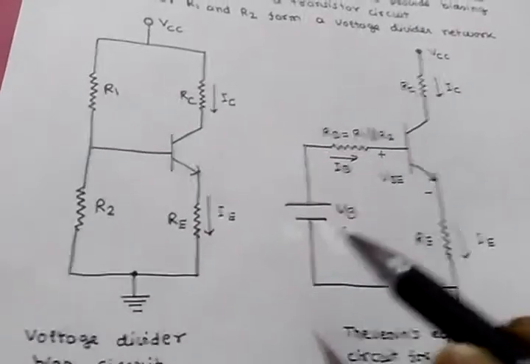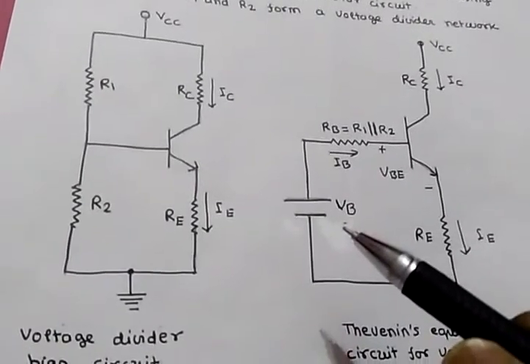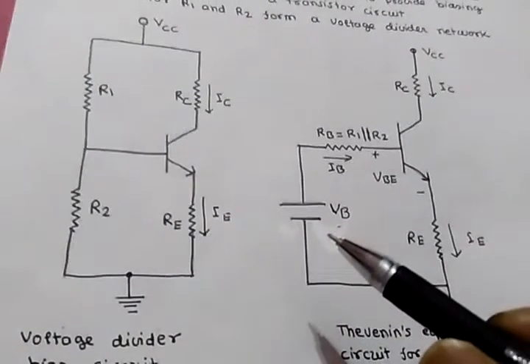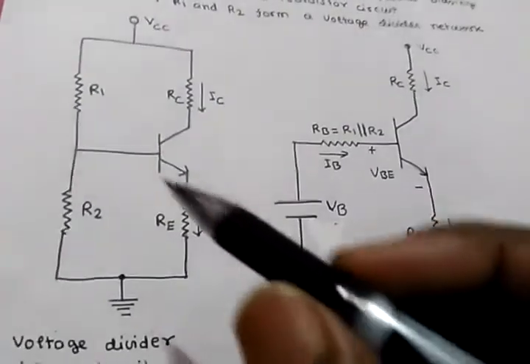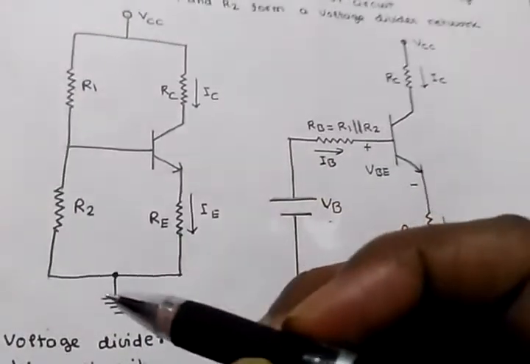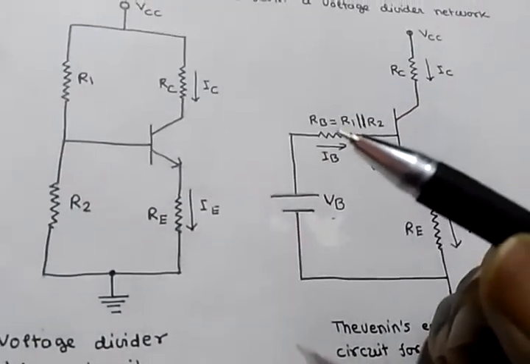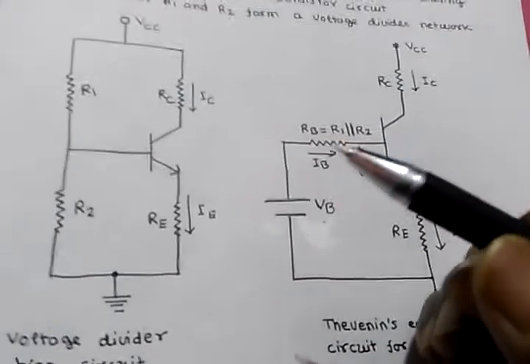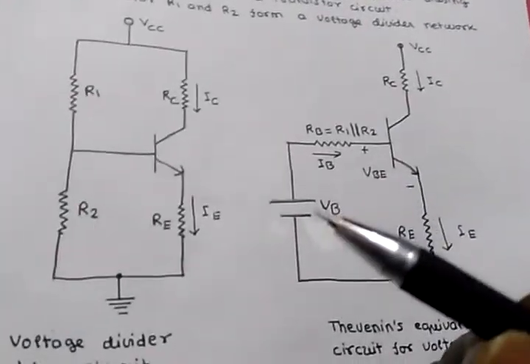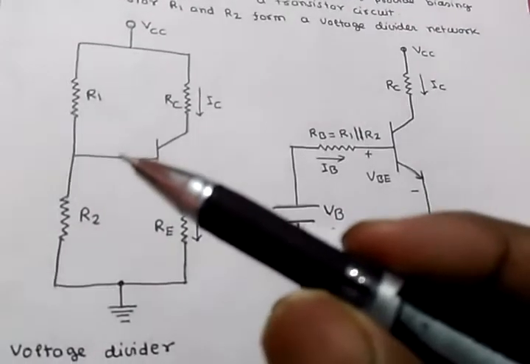In this circuit, VB is the Thevenin equivalent voltage which has been calculated across base and ground, and RB is the Thevenin resistance. To calculate VB, we have to open the base.